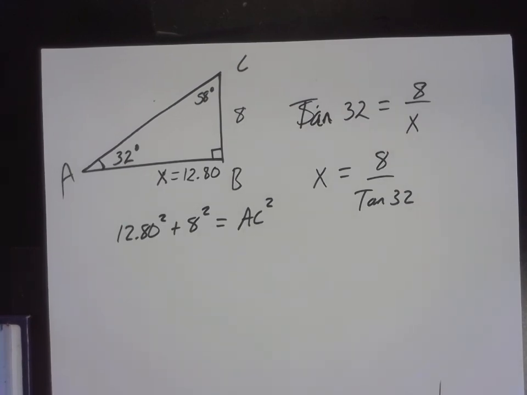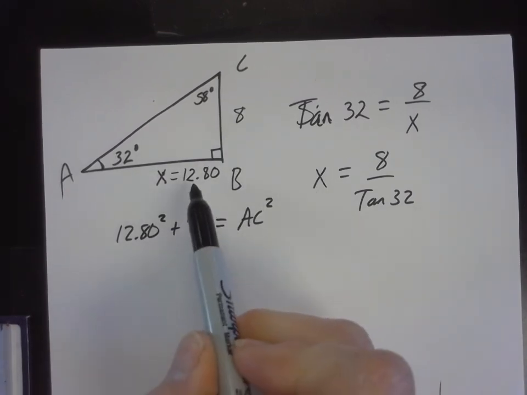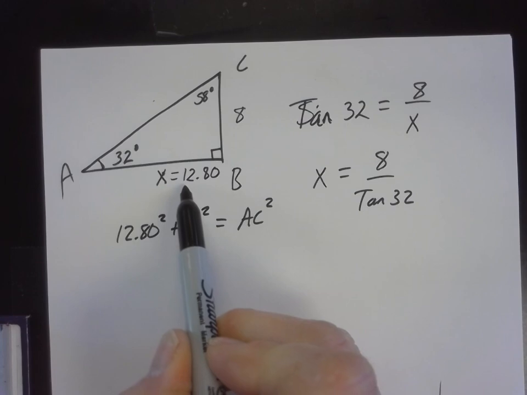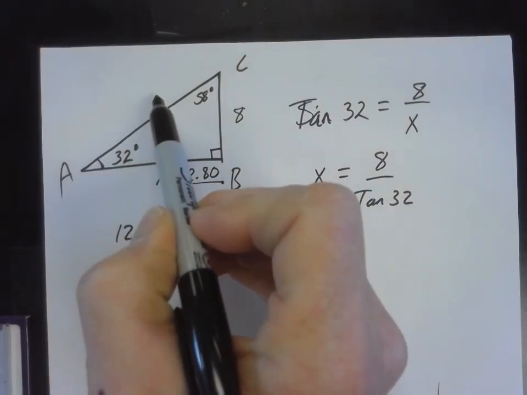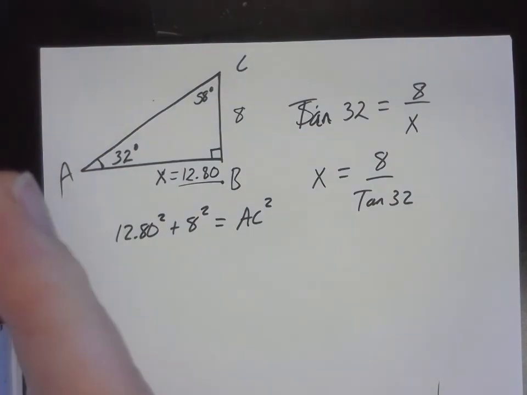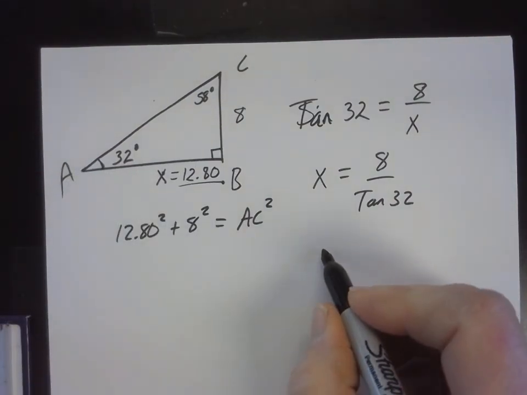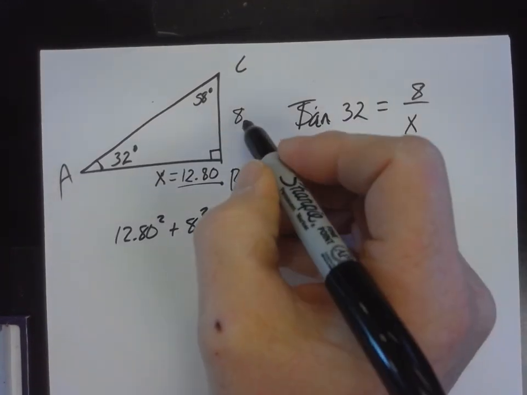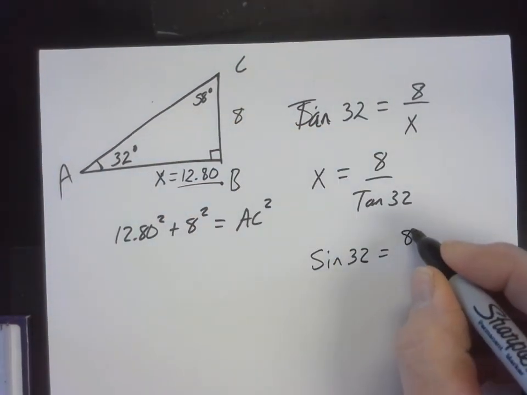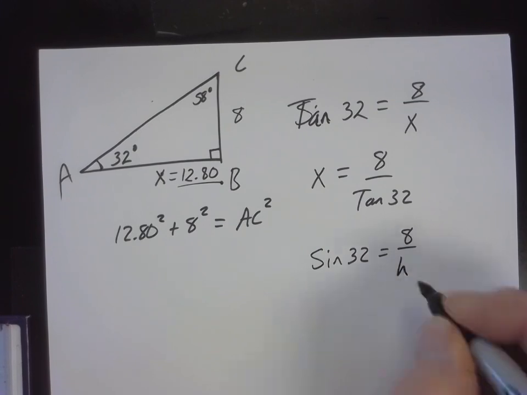Now we could use something different. We could say, well, if I screwed up finding this and then I use it to find the hypotenuse with the Pythagorean theorem, that could be bad. So maybe I'll use the sine function. So that's opposite over hypotenuse. I'll just say h for hypotenuse.